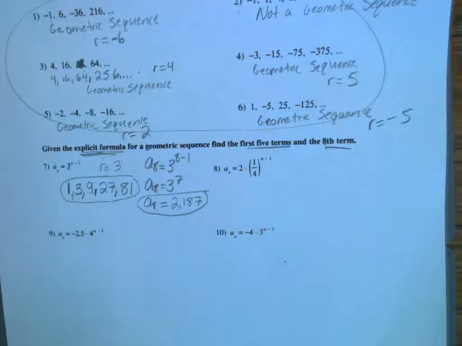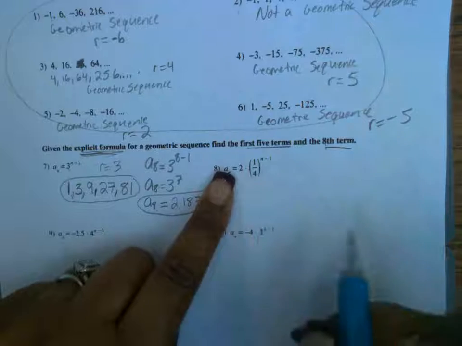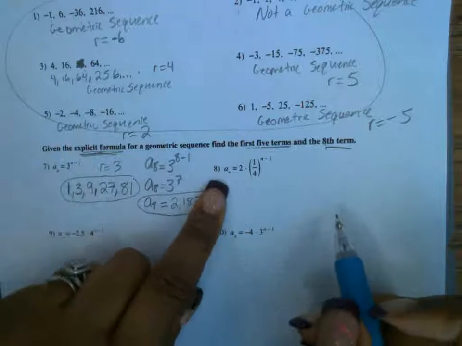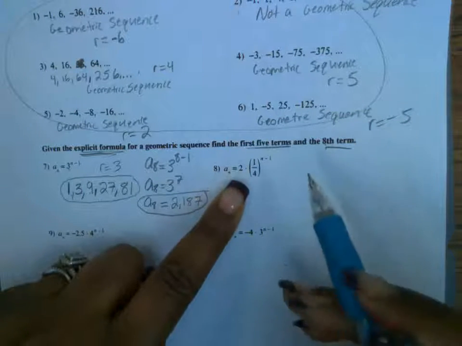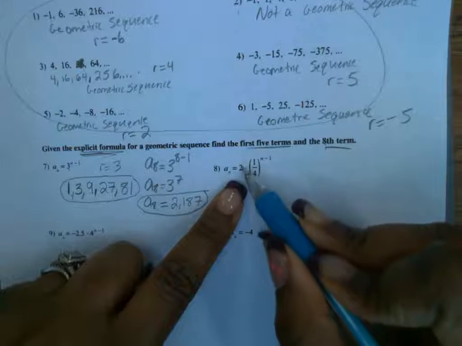Okay, raise your hand if you're still writing that one down. All right, I'm going to keep moving. Let's look at this one. This is an explicit formula again. So your first number in the list right here is 2.